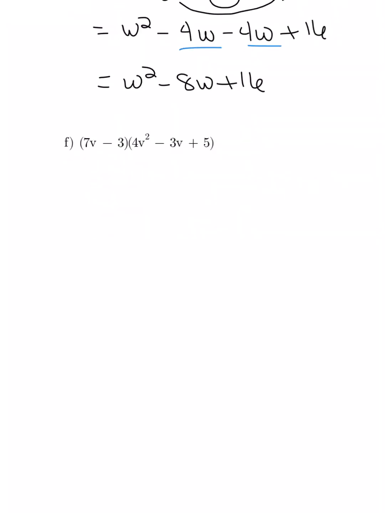On a problem like F, we are taking 2 terms times 3 terms, and we don't have an official name for the process, but the idea stays the same as it did for FOIL. You must take the first term of the first polynomial times each term of the second polynomial.